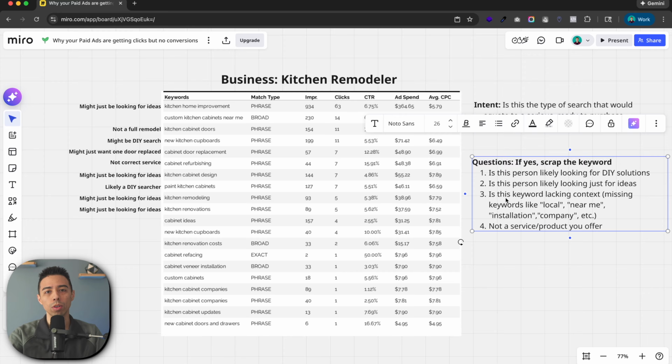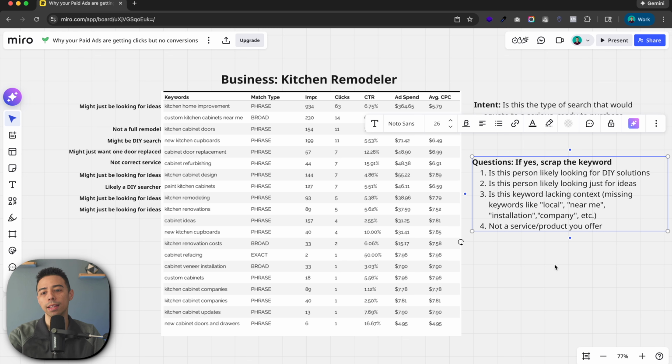Is the keyword lacking context? So let's say, for example, the keyword doesn't have the word local in it, or near me, installation, company. If it doesn't have those types of words in the keyword, then it might not be best to start running those immediately.